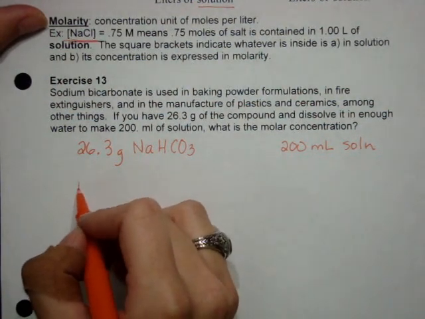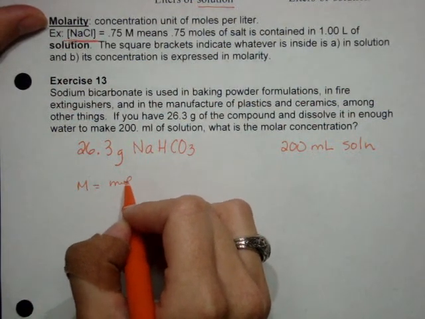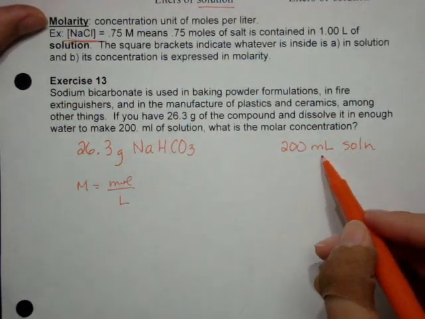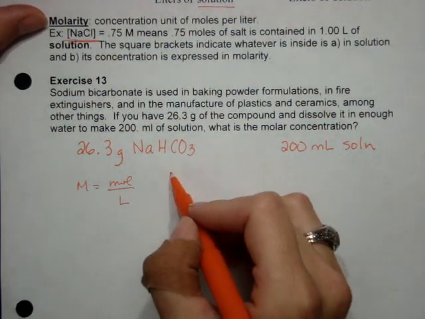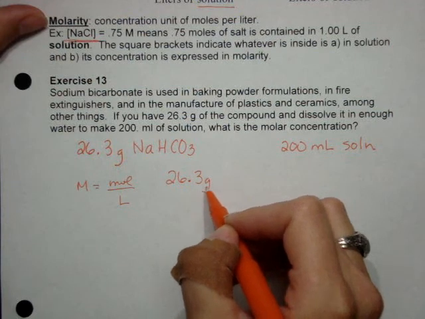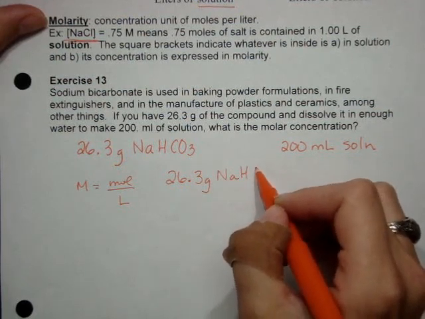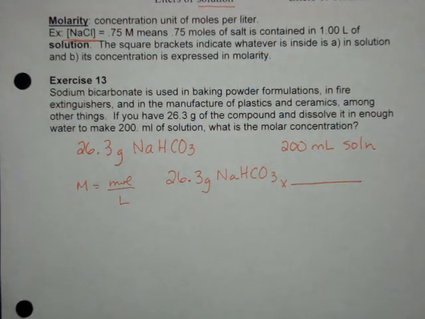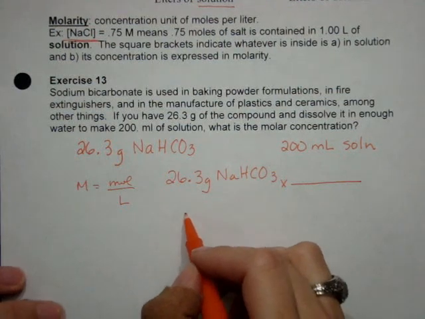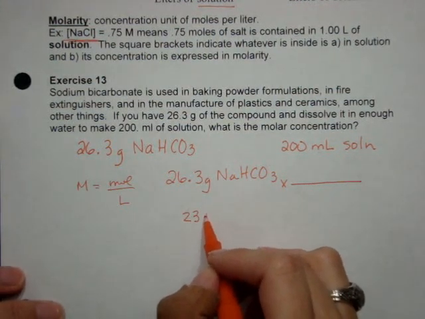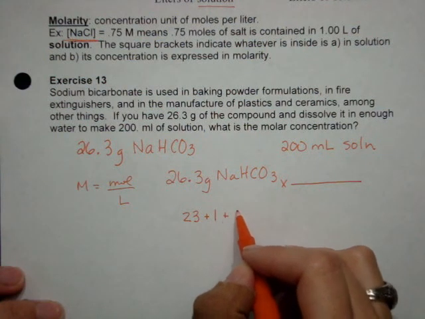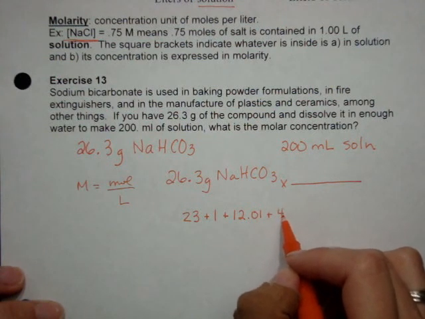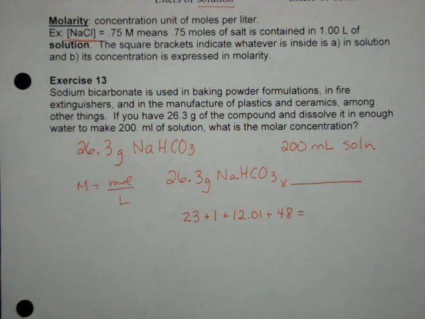So in order to get molarity, that's moles per liter, we have to translate the grams into moles and the milliliters into liters. I'm going to take my 26.3 grams of sodium bicarbonate and use the molar mass to get moles. The molar mass is 23 from the sodium, 1 from the hydrogen, 12.01 from the carbon, and 48 from the oxygen, 3 times 16.